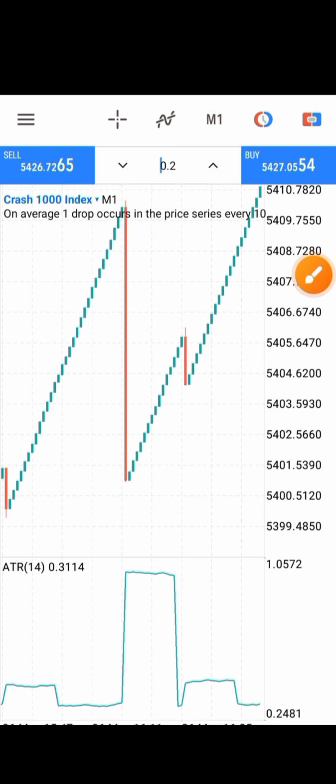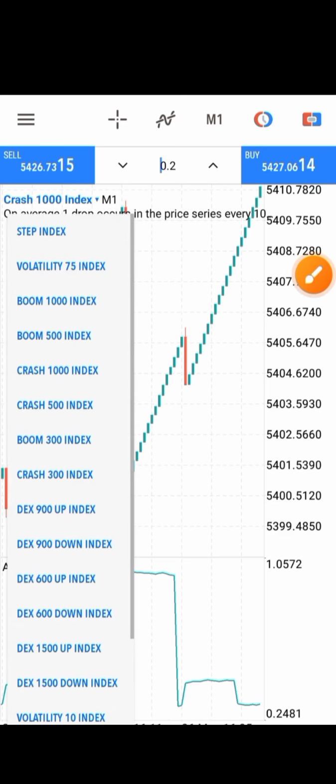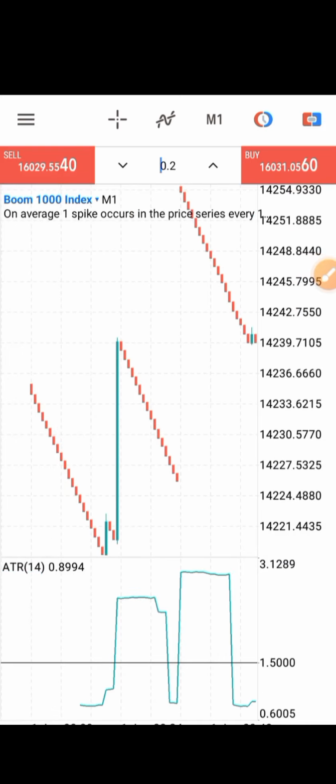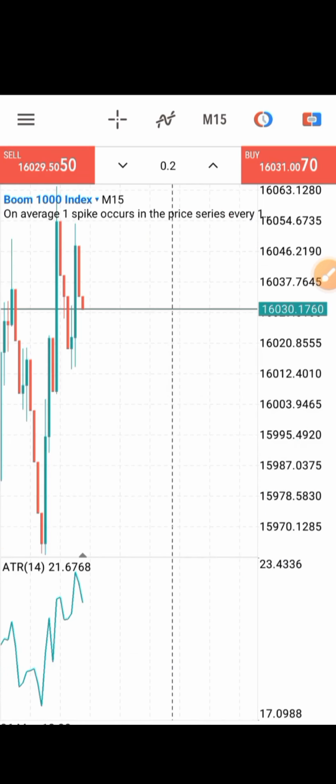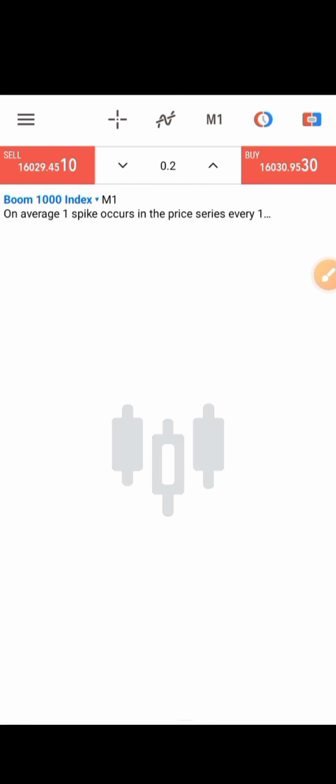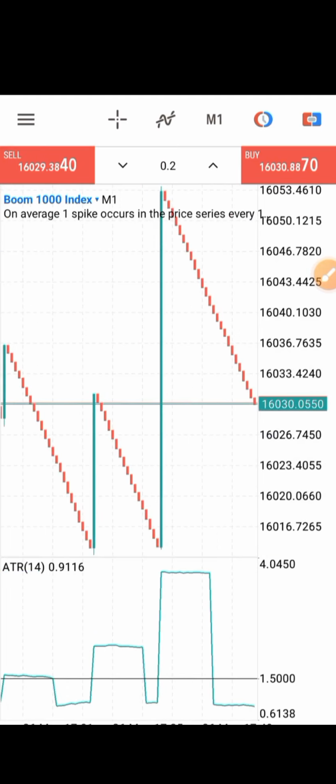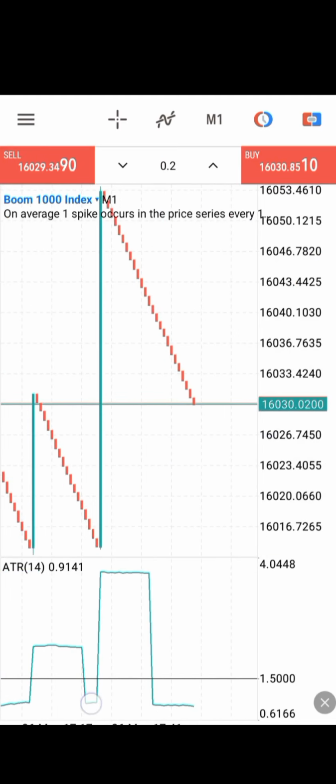So in the case of Boom, when a spike happens on the bull market, that is when the market booms up, the average true range also booms up. You understand?